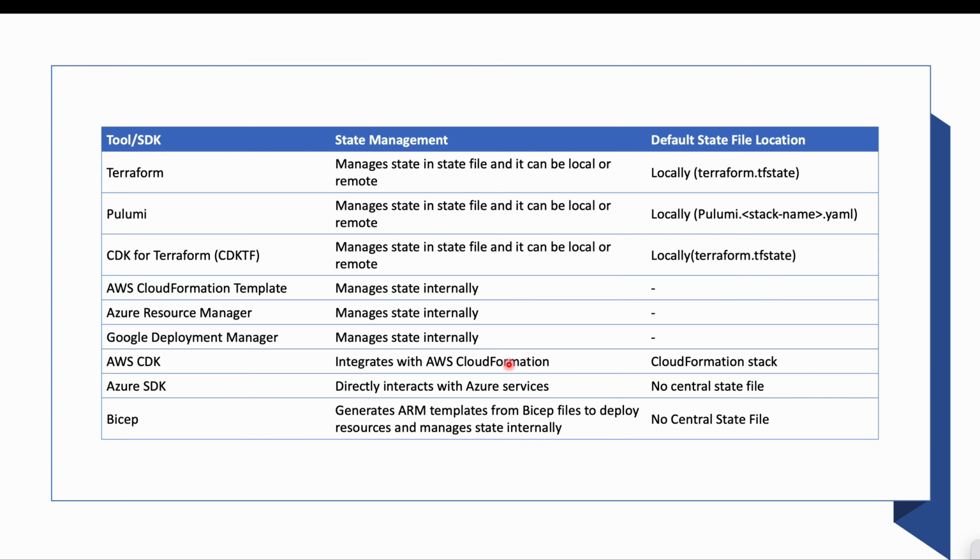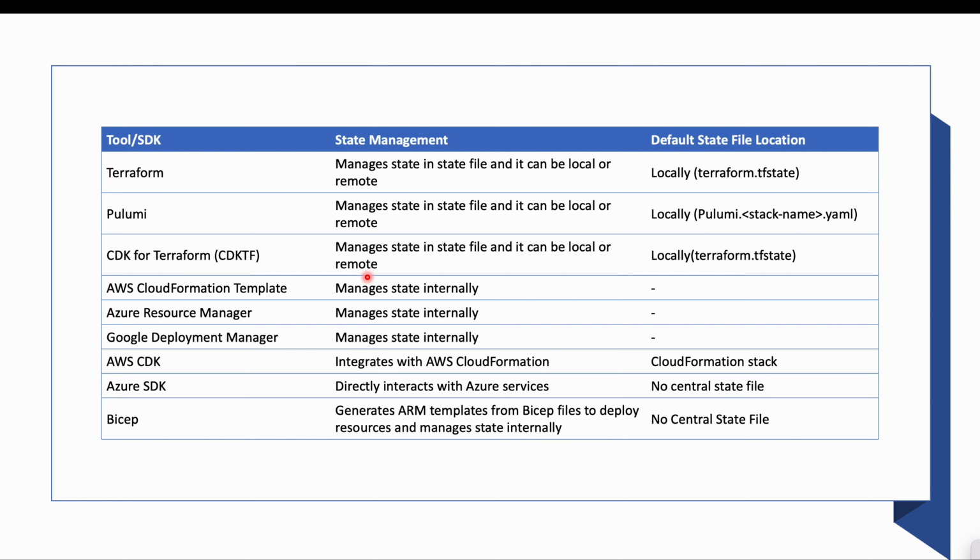It means they are managed internally. Azure SDK, there is no such state concept, because it interacts with Azure resources directly. If the resource is not available, it will create the resource. If the resource is available, it will update the resource. So there is no central state concept for the Azure SDK.